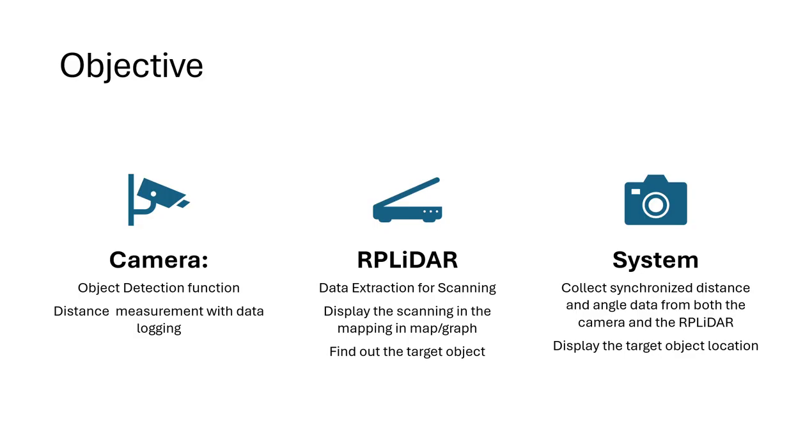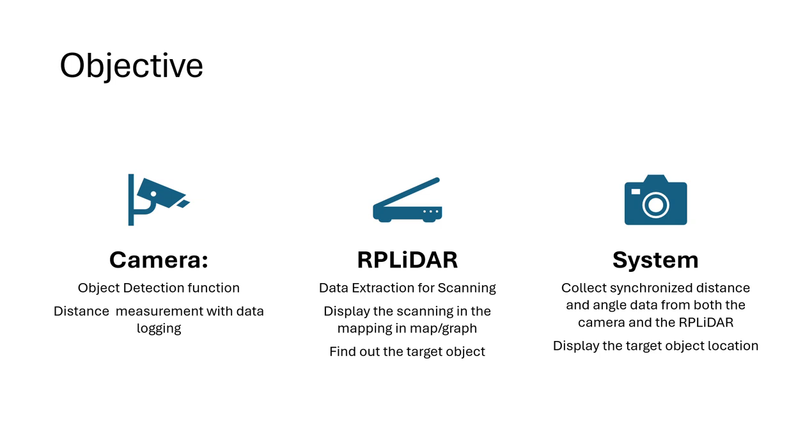For the objectives, this project is mainly separated into two big parts, the camera and the RPLiDAR development parts. For the camera part, the objectives are the object detection function and the distance measurement with the data loading of the target object. The RPLiDAR part has three objectives. First is data tracking for scanning.